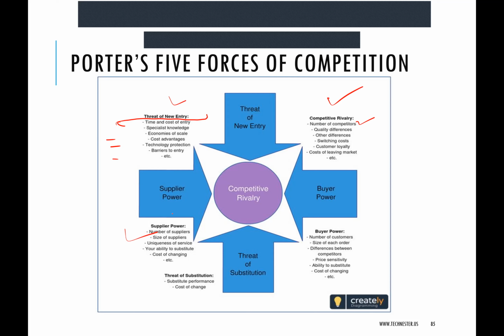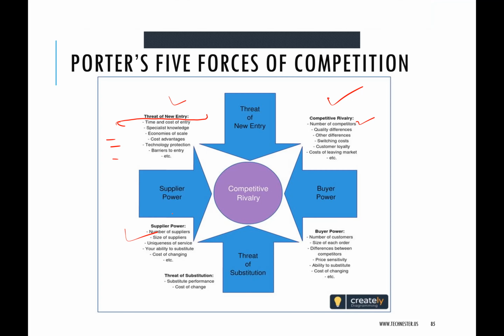You have plenty of suppliers, so nobody can hold you to ransom with raw materials that you need. Maybe other things are good, but it's just competitive rivalry that is a problem. Then you know you have to distinguish yourself. You have to differentiate your product. That may be the threat you have, and that may also be an opportunity, right? Because you will now go back and analyze later, not now.